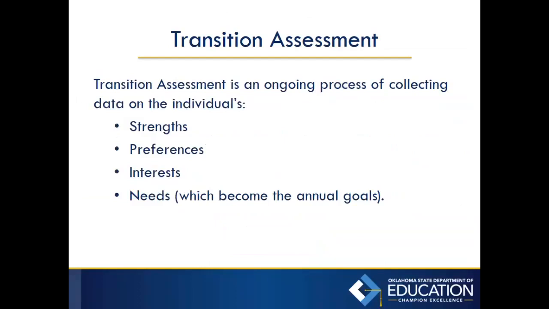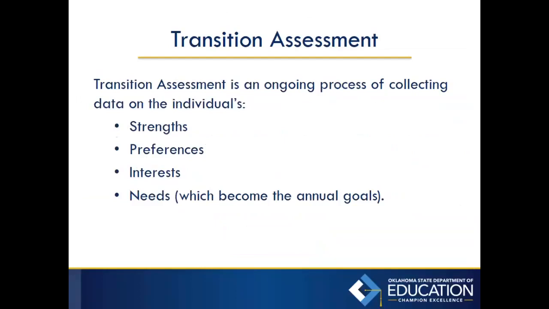Transition assessment is an ongoing process of collecting data on individuals' strengths, so what they're good at doing; preferences, how they learn best and what they choose; interests, what they like to do; and needs. And these are going to be the skills that they still need to be taught, and these are going to become the annual transition goals, and we'll talk more about that.